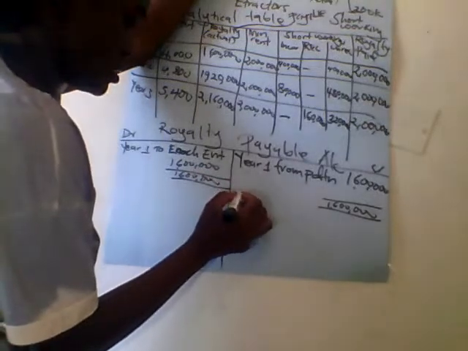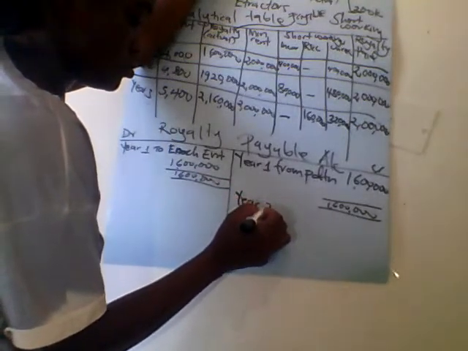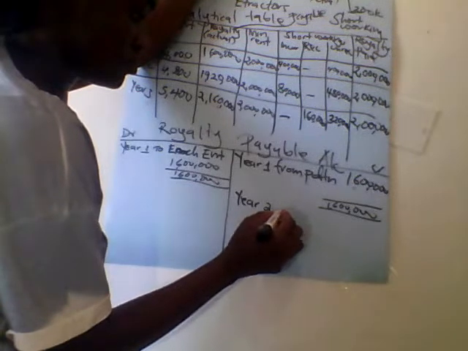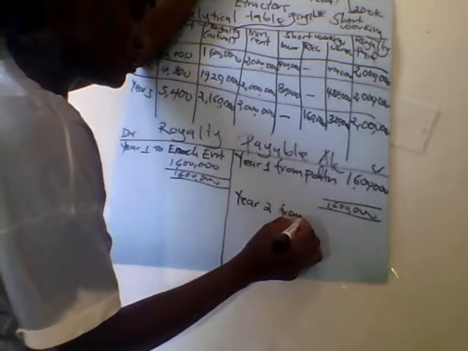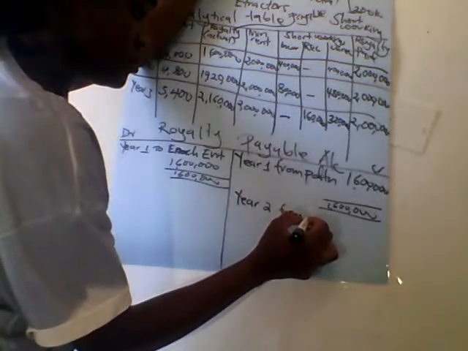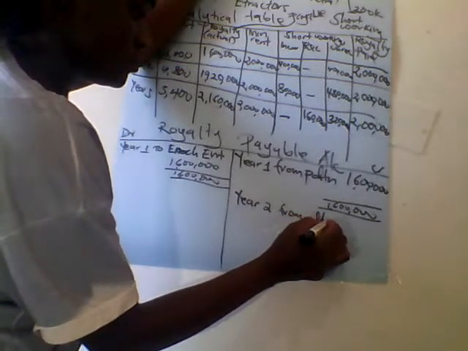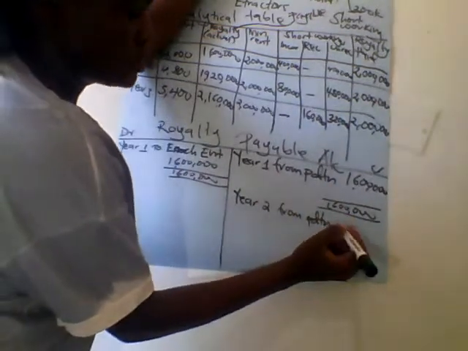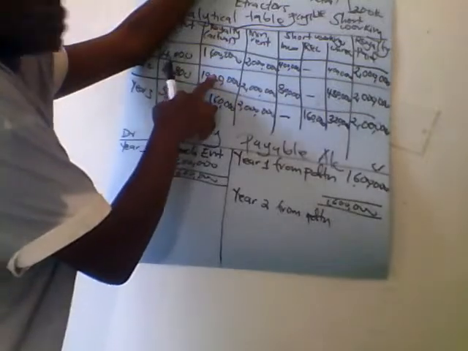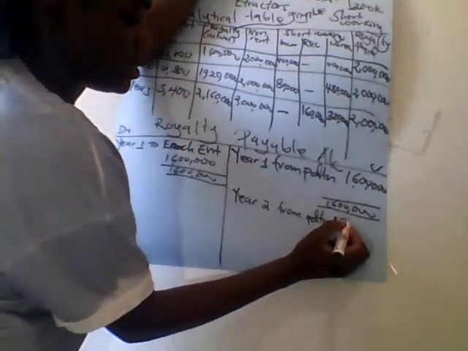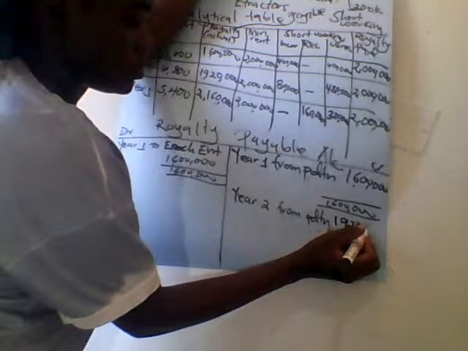Then for the next year, you do the same thing. Year 2, from production, which is this 1920.